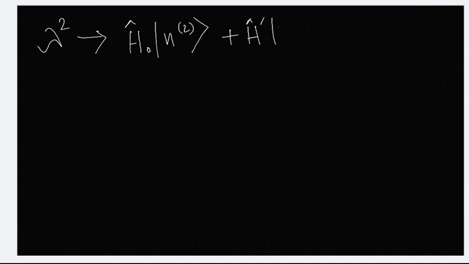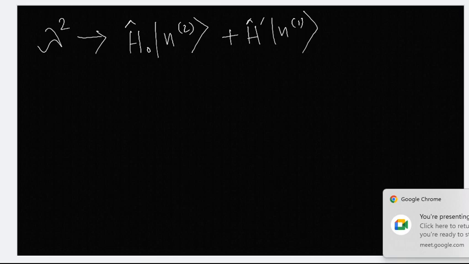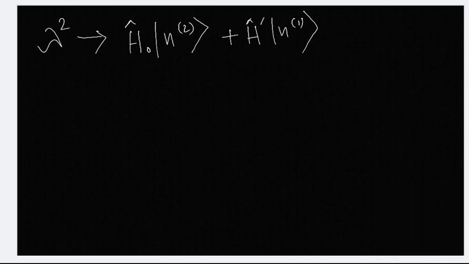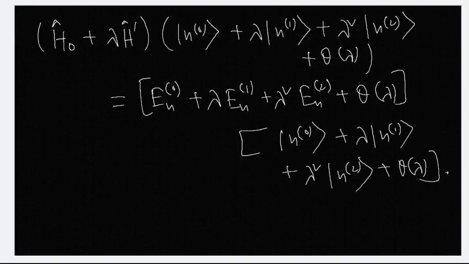So we have two terms from the left hand side having lambda squared term. Now from the right hand side, you have E n naught of n2.